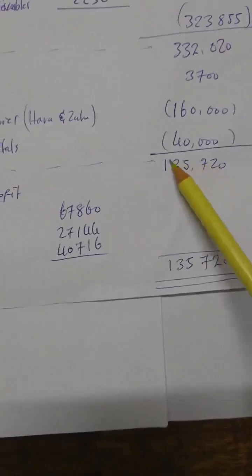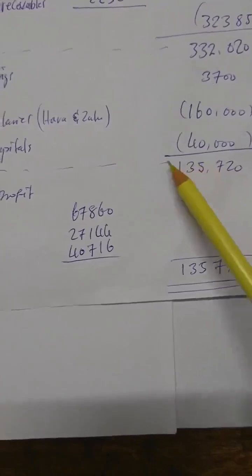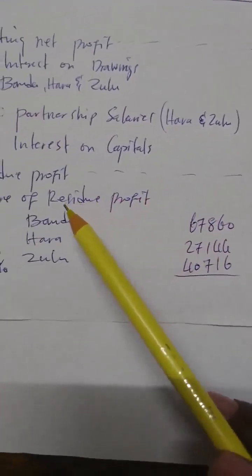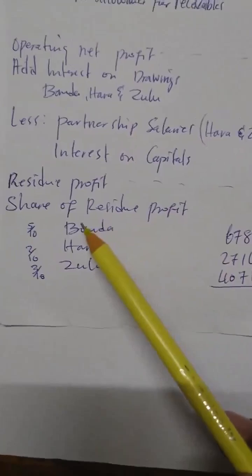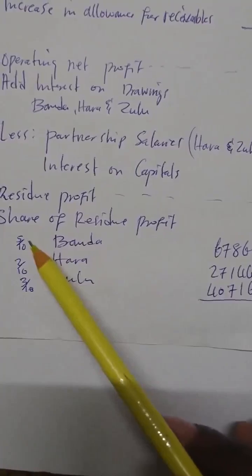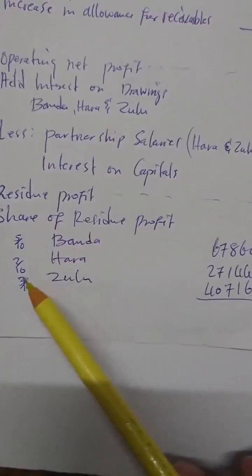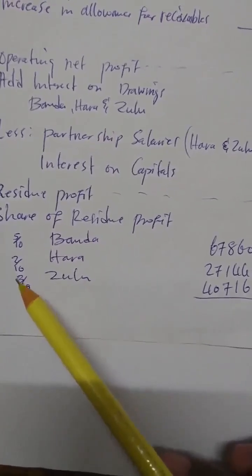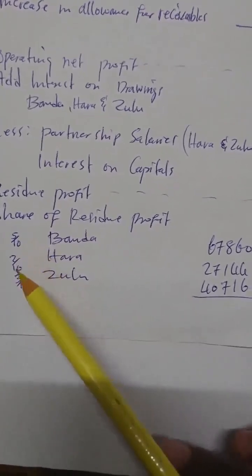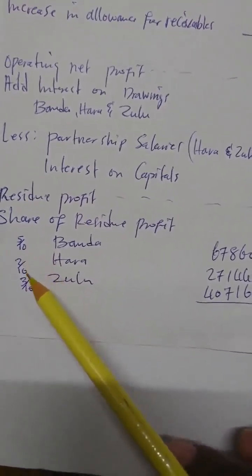This figure now is the one which is supposed to be shared according to the profit sharing ratio. The ratio for Banda is 5, for Hara is 2, Zuru is 3. So the total of these ratios, 5 plus 2 plus 3, is 10. That's why we're having the base 10 there.